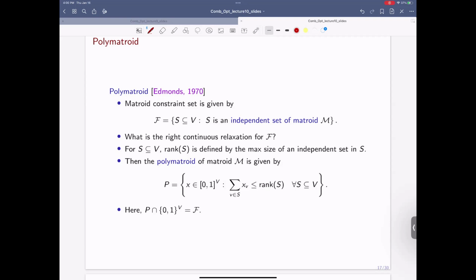So I took that one, and you define this polymatroid by applying this 0, 1 bound. Now I had a collection of independent sets which are discrete. Now I define this polytope, which is continuous.